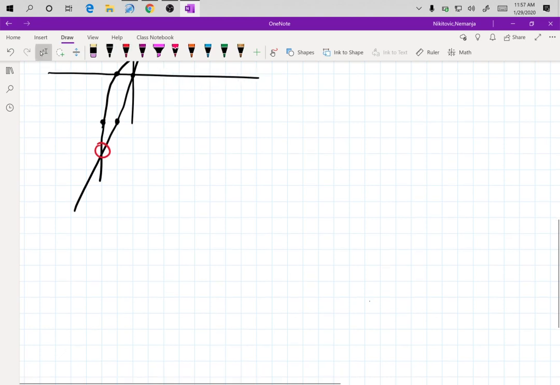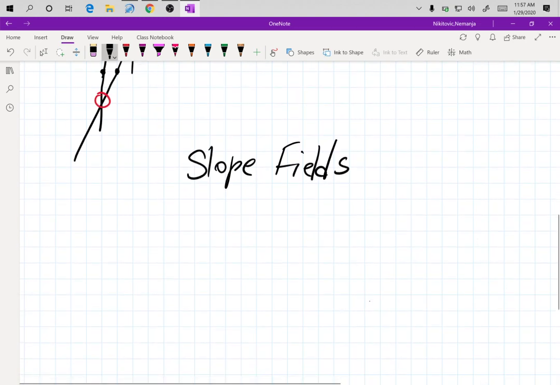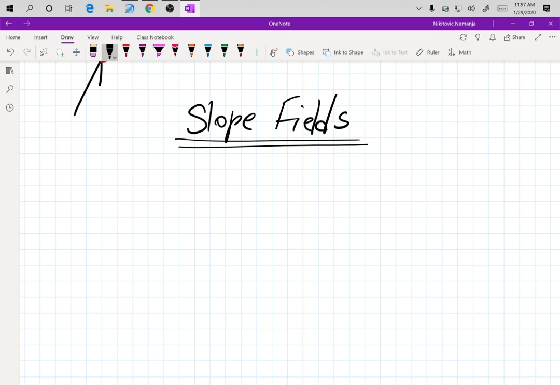So now, going to our slope fields, we are going to learn the method that you can use to solve differential equations by drawing out infinitely many, or in our human case, finitely many, little slopes of lines that will give you a field through which you get to draw your lines.